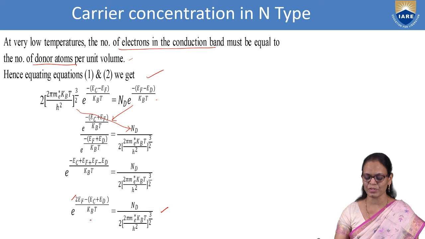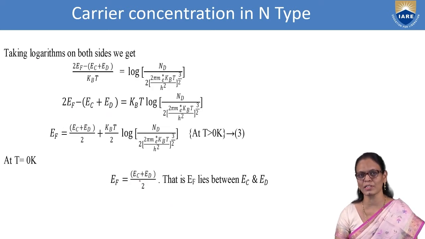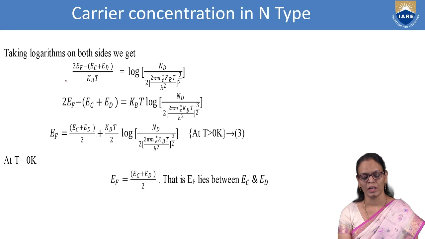Now we are going to take the logarithm. So if we take the logarithm on both the sides, log of e power x is simply x. So we get only x. So (2Ef minus (Ec plus Ed)) by kBT is equal to log of Nd by 2 into (2 pi me kBT by h square) power 3 by 2.